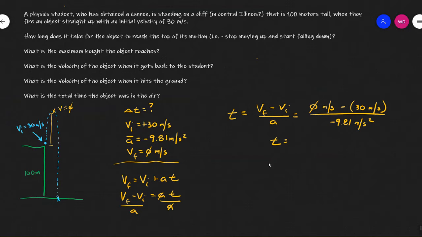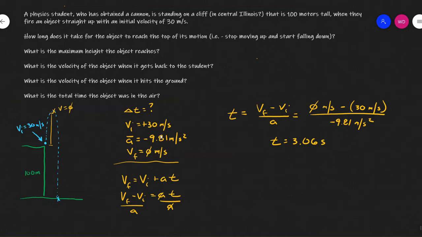Since time is a scalar, it wouldn't make sense to have a negative or a direction. So it's 30 divided by 9.81, which gives me 3.06 seconds. So it takes 3.06 seconds to get to the top. That's the first part.